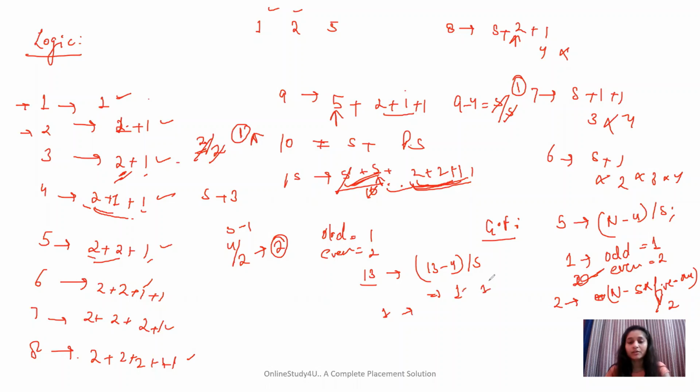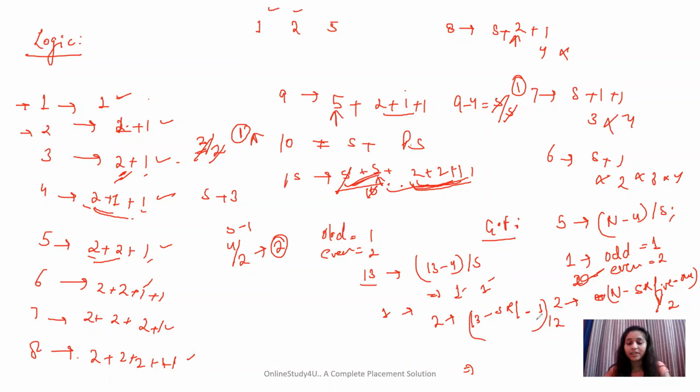So for 5 we have 1, for 1 we have 1. For 2, what will be the formula? 13 minus 5 times the number of 5 rupee coins we are including, minus the number of 1 rupee coins we are having, divided by 2. Sorry, it is getting a little dirty, but I hope you are able to understand what I am writing here.